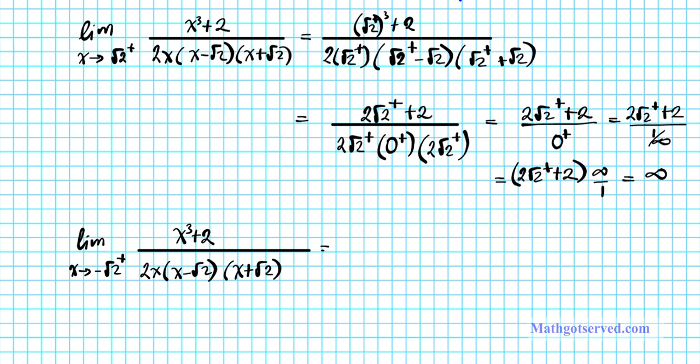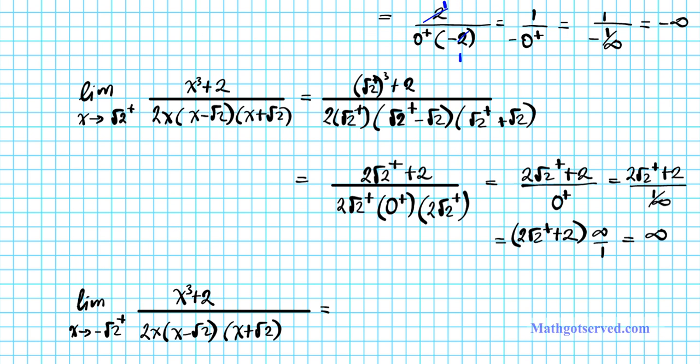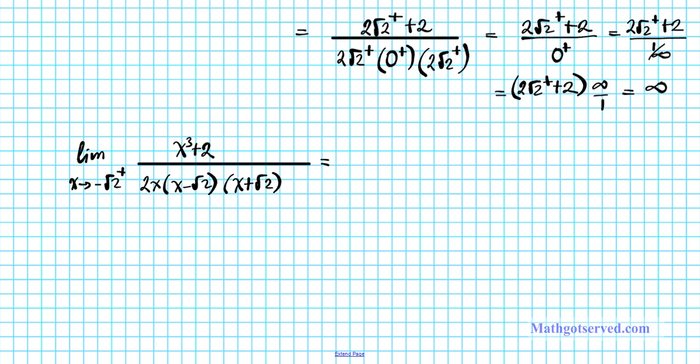Alright, so we just simply plug in these values into our x's and then evaluate the resulting expression. So we'll just evaluate this function at negative root 2 from the right.